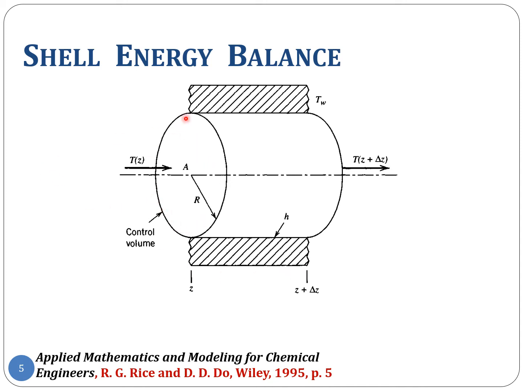So this is your cross section. The inner pipe has a radius r, the cross sectional area is A, and the temperature of the fluid entering this section is T of z. The temperature of the fluid exiting the section, at z plus delta z, is T of z plus delta z. And this is basically the solid wall.